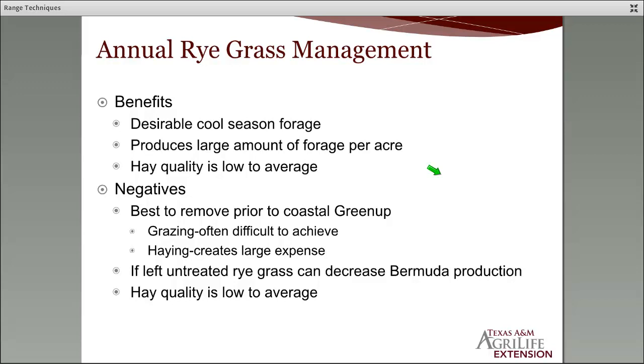Lots of people who have it in their coastal fields say, well, if I can't beat the annual ryegrass, I may as well plant it and enjoy it. That way I can at least get some desirable cool season grazing. But then the downfall is, if left untreated, it can decrease the warm season Bermuda grass hay production.